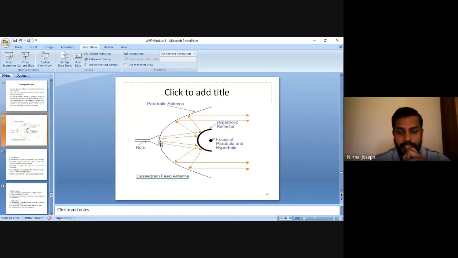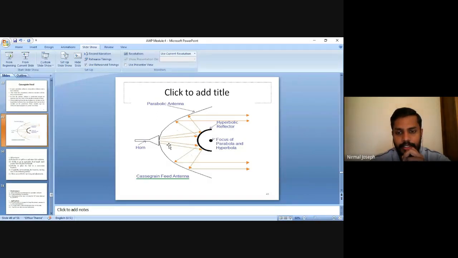We used to place the radiator at the focus in all previous cases. But here, instead of keeping the radiator at the focus, we will keep it at the vertex. You can see this is the vertex, this is the edge of the parabola. Here, we will keep the antenna or primary radiator.